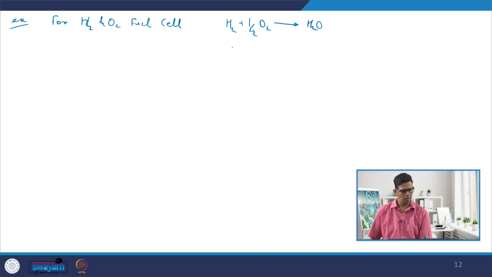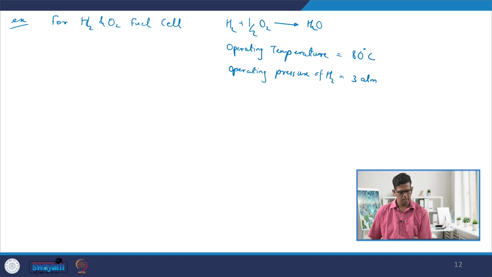So I am going to take the same operating parameters, operating temperature is again 80 degrees Celsius and pressures, that is operating pressure of hydrogen is again let us say 3 atmospheres and operating pressure of air.